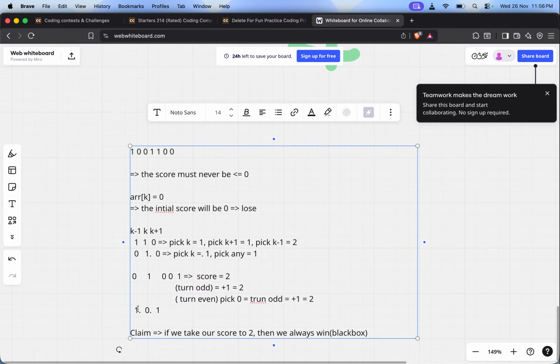Now, what about this scenario? This third scenario. In this third scenario, these are the neighbors. All right, k was destined to be 1 initially, otherwise we would always lose.